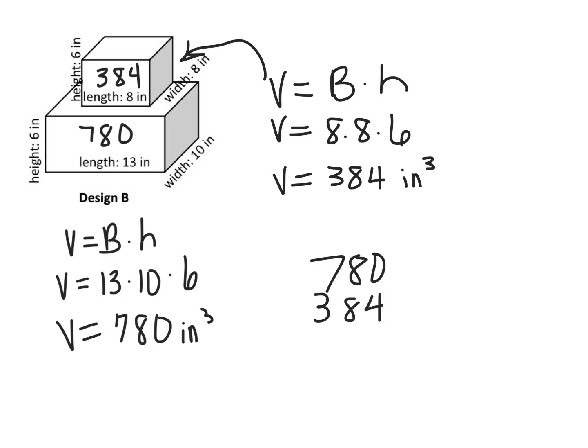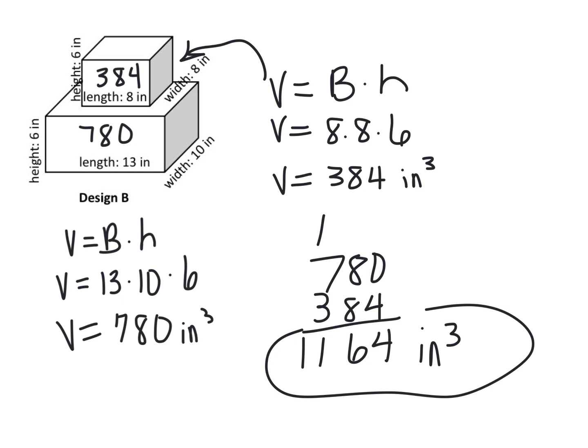So this seems kind of small compared to the last one. Let me see. 1,164 cubic inches for this one. Okay, wait, let me see what the last one was. Yeah, this one's a little bit smaller. So far the first one is in the lead.